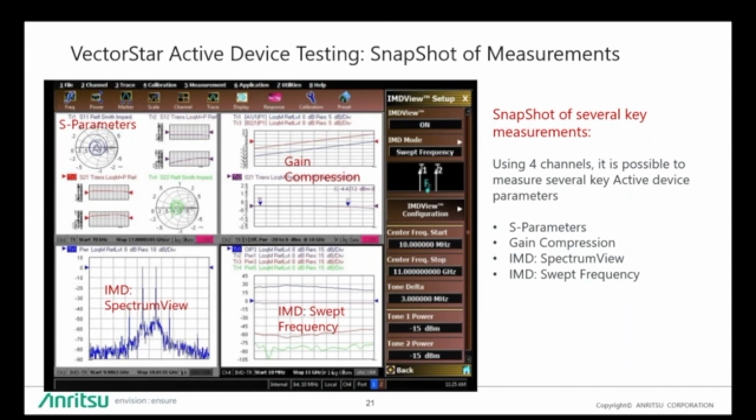The beauty of this is that you get a one snapshot view of most of the measurements for an active device such as an amplifier, and I think that's a very powerful tool. In the past, we would have to do these measurements on different instruments, spectrum analyzers, VNA, and so forth. Here, the VNA can potentially be used to do all these measurements. So I think, again, that's very powerful.